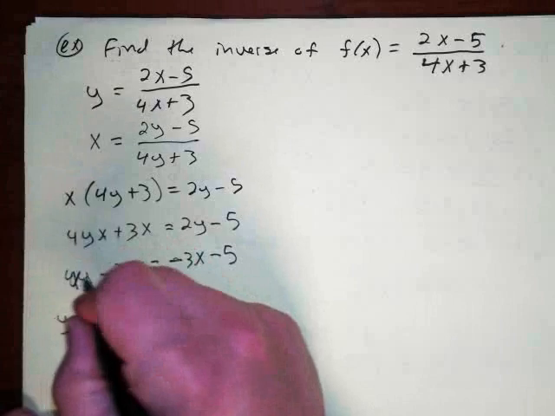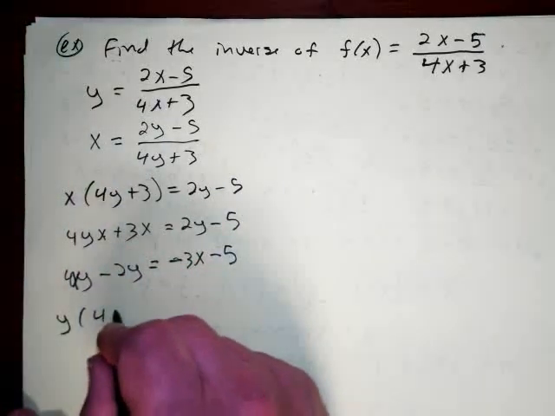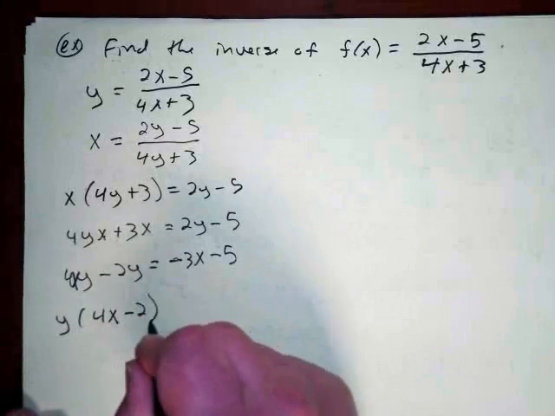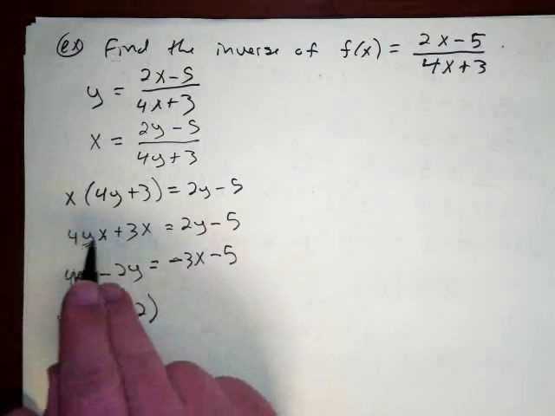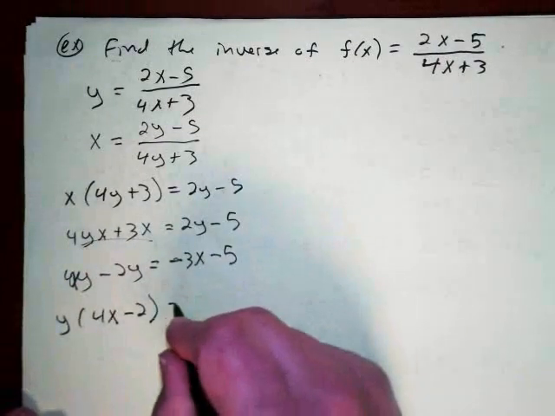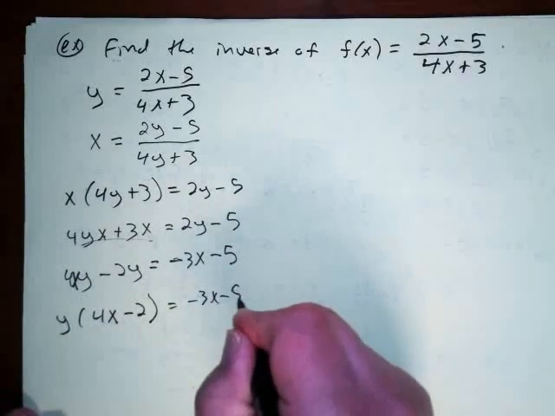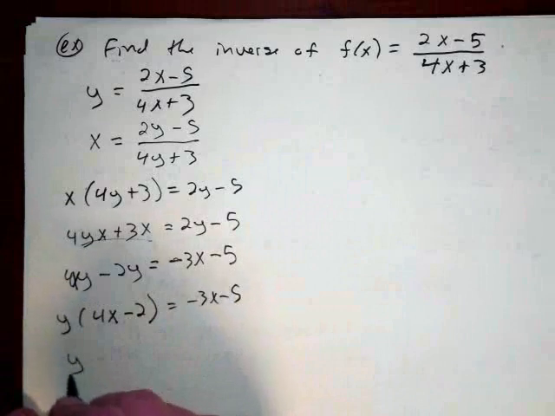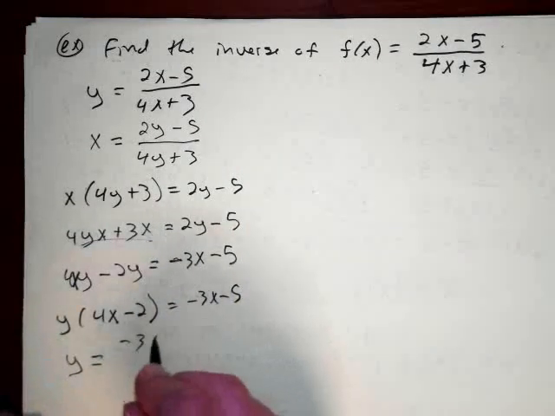See that? There's an x there. So I'm going to factor out that y, and it's going to leave me with 4x minus 2. So if I redistributed it, I would get this, right? And then negative 3x minus 5. And then I can just divide both sides by the 4x minus 2, and I get this.